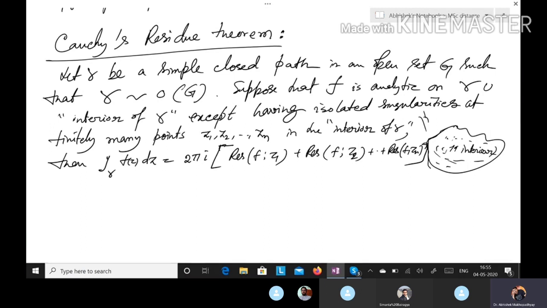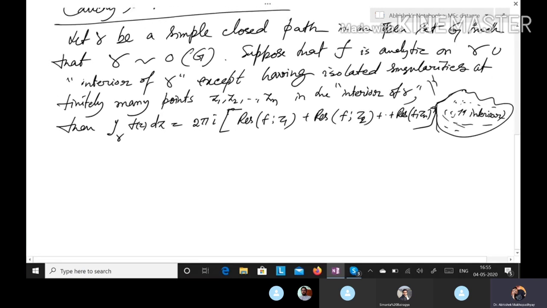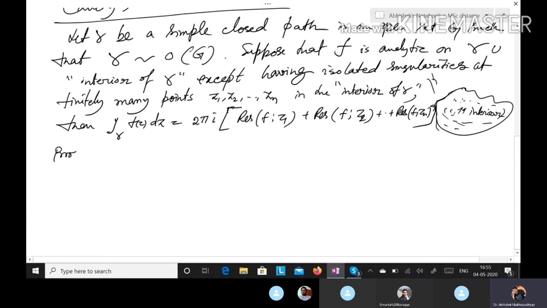The statement of the theorem is very simple, but it has many applications in complex analysis. And the proof can be sketched by the use of mathematical induction on the number of isolated singularities.